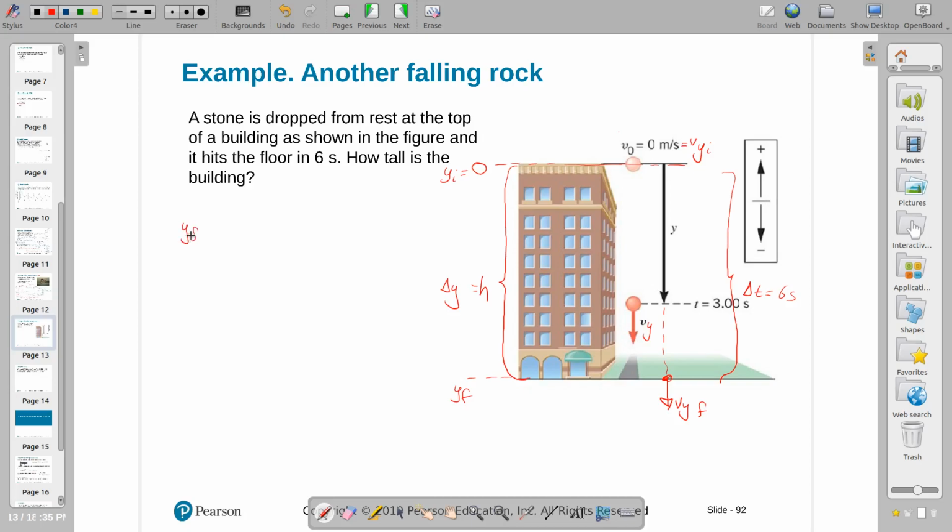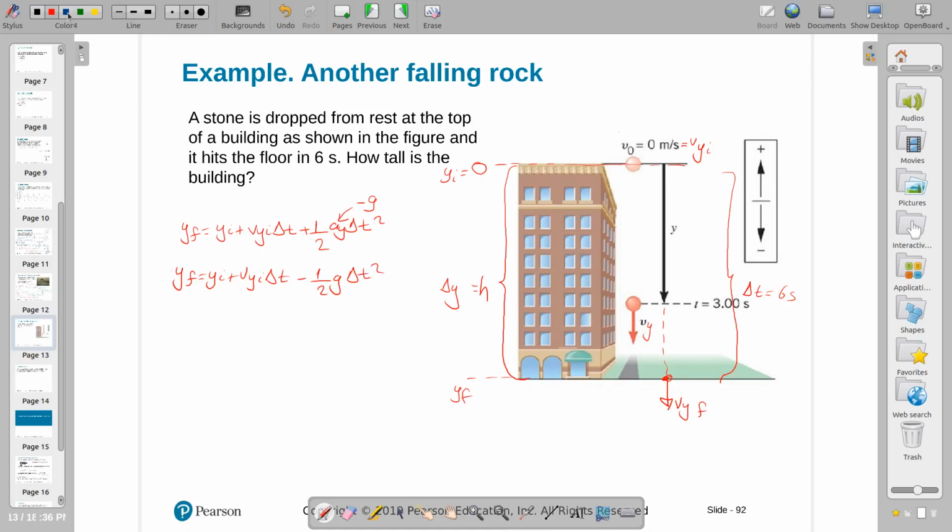Y final is equal to y initial plus vy initial delta t plus 1 over 2 ay delta t squared. Feel free to directly replace this by minus g for any free falls. So let's write that version of that as well. Y final is equal to y initial plus vy initial delta t minus 1 over 2 g delta t squared, equivalent.